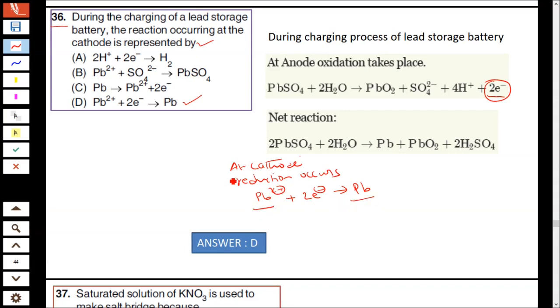This was the reaction occurring at the cathode. Hence, option C is an oxidation reaction, so it is ruled out. And A, hydrogen was not reduced. Hence, option A is wrong, and option D is correct. Reduction occurs at the cathode.